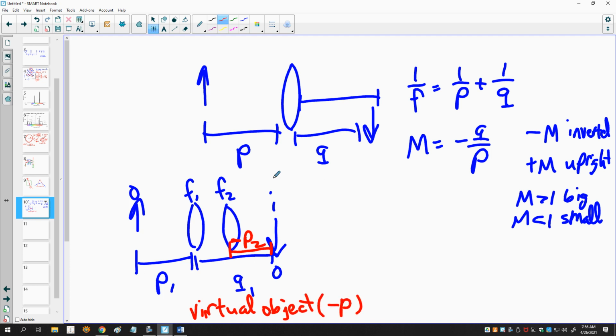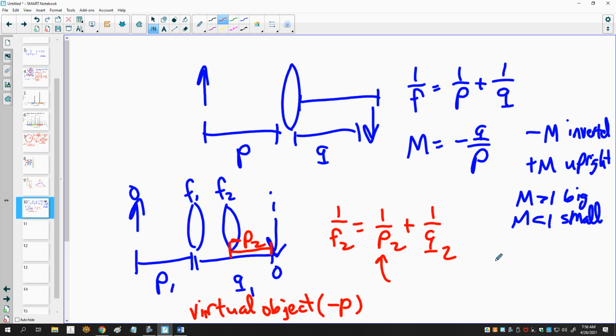Then I can solve for Q2. I have 1 over F2 equals 1 over P2 plus 1 over Q2. But the big deal is here that this is a negative value. Whatever you find it to be, it needs to be negative because that object is now a virtual object because it's on the virtual side of the lens.